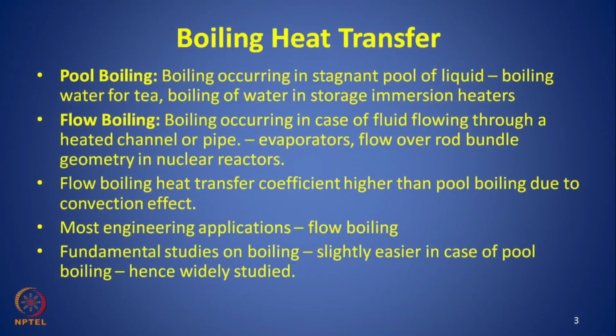So, flow boiling, as you see, is boiling occurring in case of fluid flowing through a heated channel, which could be a pipe, evaporator, or a rod bundle geometry in nuclear reactors. Flow boiling heat transfer coefficient is slightly higher than for pool boiling because of the flow.